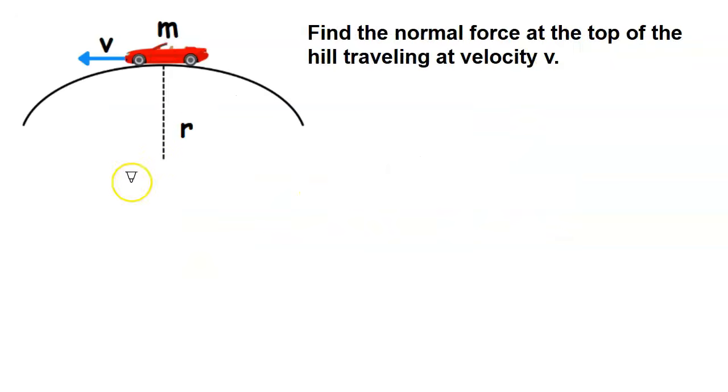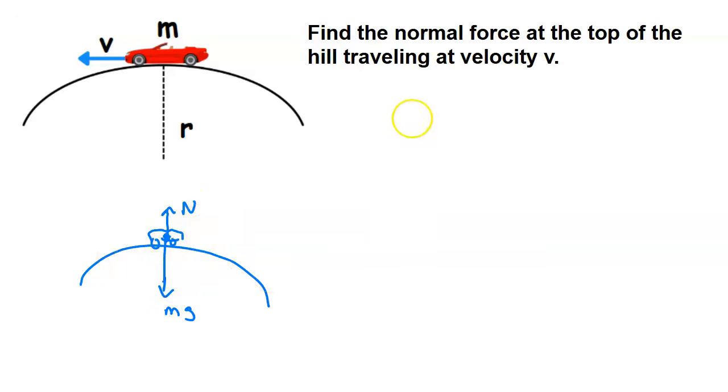Now let's take a look at the car going over a hill, and we want to find the normal force at the top of the hill traveling at velocity v. Okay, so here's my force diagram right here, and we have mg, and this time the normal force is going to be less. It's going to be less because the center of the circle is below.